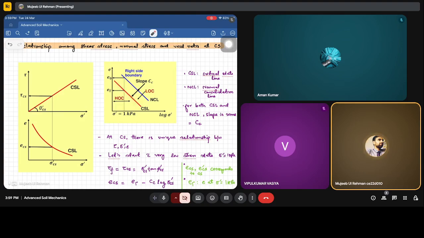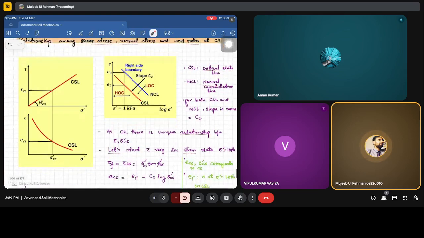Fine. Now this void ratio at critical state will be equal to e_gamma minus Cc log of sigma dash cs. Why negative? Because e_gamma corresponds to a very small stress state. As we go towards the right, our void ratio will fall in this portion, which will be less than the initial one.